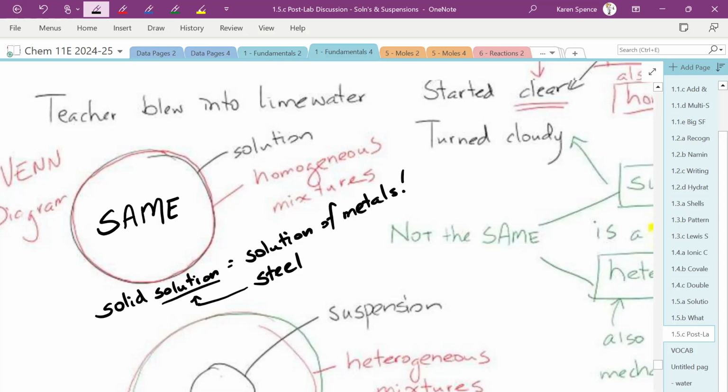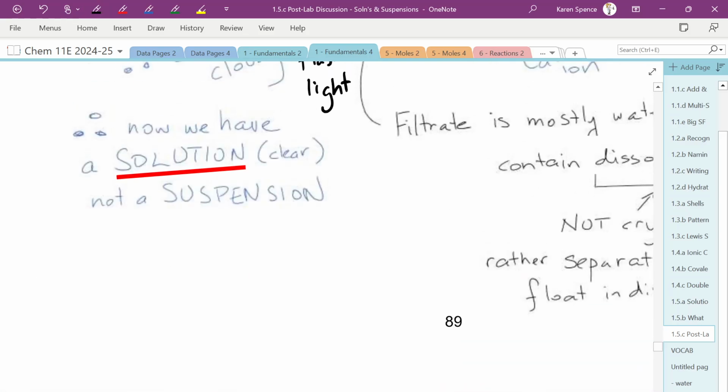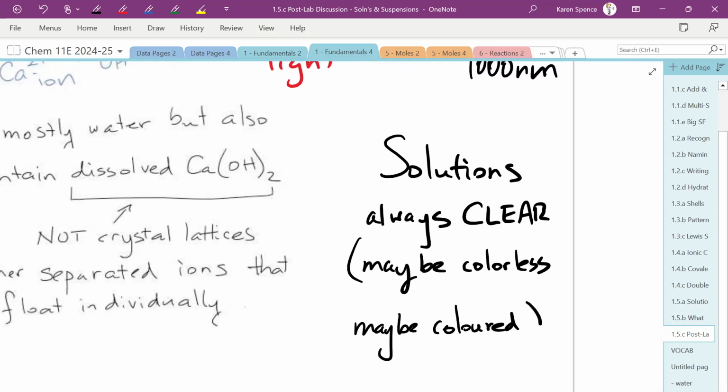So when I said before that all solutions are clear, I lied to you. I should have said that all aqueous solutions are clear. Maybe I need to go back and change that. Where was it? Aqueous solutions are always clear.